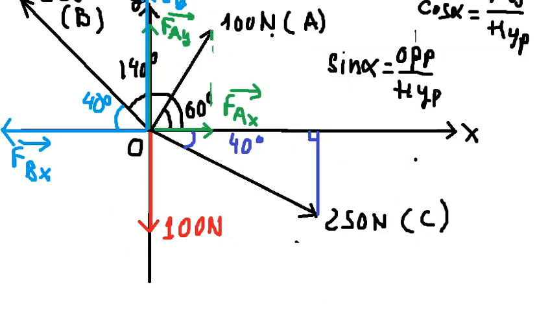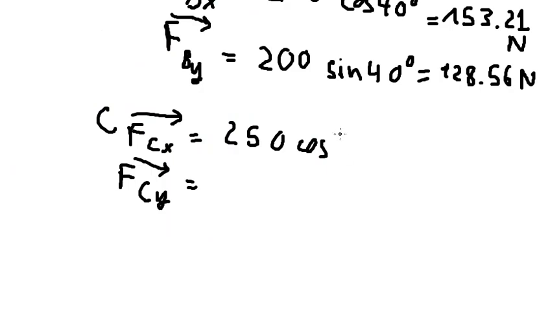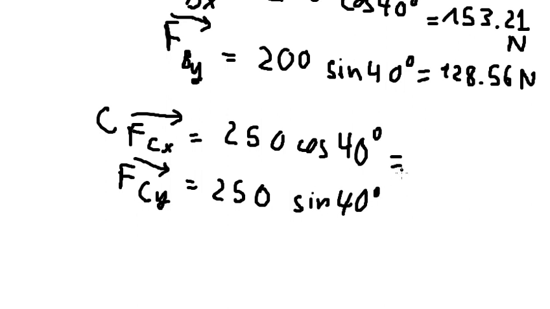So we have cosine 40 degrees and 250 sine of 40 degrees. So we calculate this one and we got about 191.51 newtons.